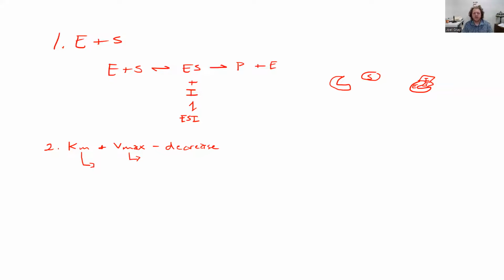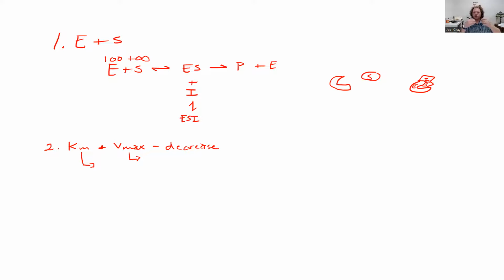Well, why is that? One of the ways that I personally think about it is, I always like to think about round numbers. Let's say that you have 100 copies of the enzyme, and let's say that you have an infinite amount of the substrate. Well, for this scenario, all 100 of those copies of the enzyme are going to form this ES complex.